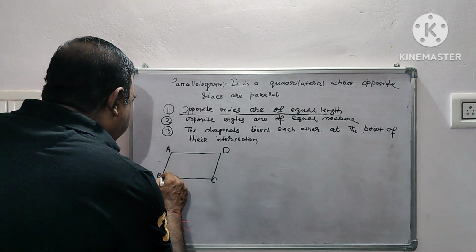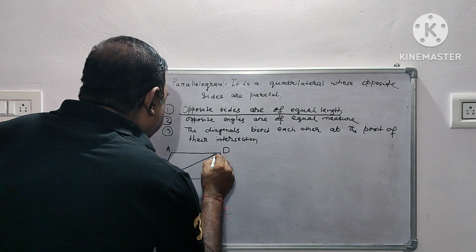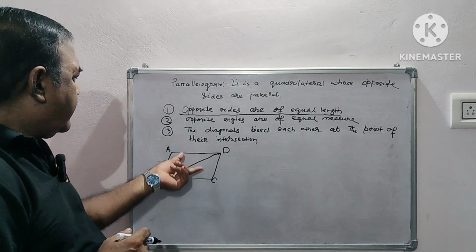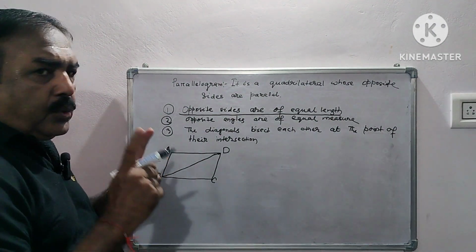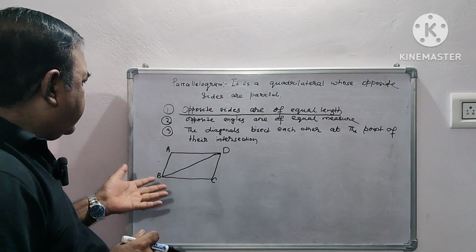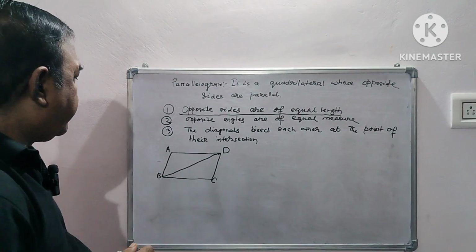So let us construct here the diagonal BD. So this diagonal divides the parallelogram into two triangles. You see here, one is ABD and the other one is BCD. There are two triangles.